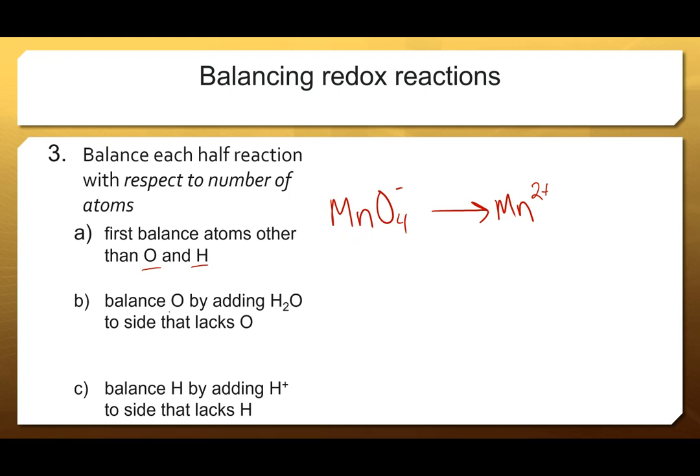We're going to balance any oxygens by adding water to the side that lacks oxygen. On our reactant side, we have 4 atoms of oxygen. On our product side, we're going to need to add water, but is one molecule of water going to balance this?